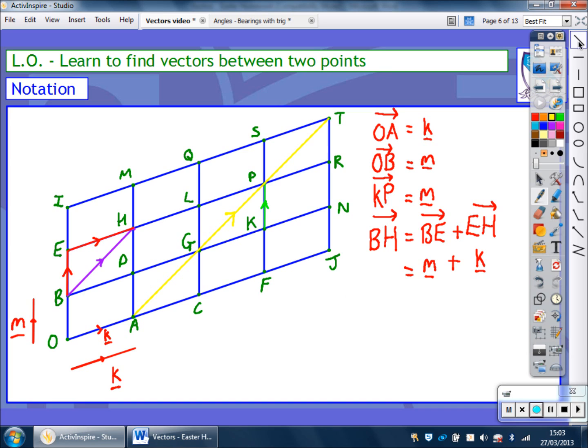Now A to T, I can't go there directly because I don't know what direction that vector is yet. Some of the quicker ones among you might notice something about the direction it's going in, but that's something I want to come back to later. Now A to T, I'm not going to go directly there. I'm going to go from A to M, and then from M to T. I'm going to go in that direction, like that.